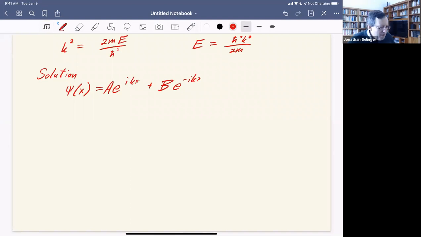No problem. Now, we have separate solutions here with a positive k times x in the exponential, and a negative k times x in the exponential. We could say, let's allow k to be positive or negative.